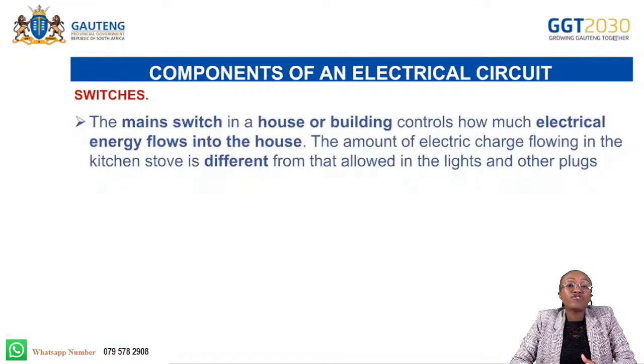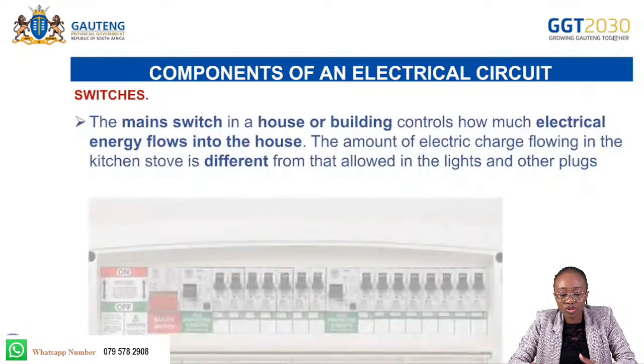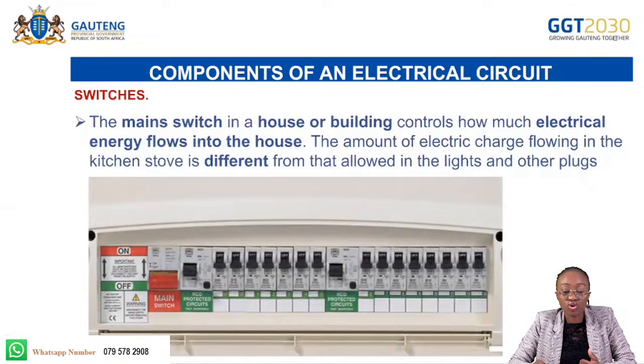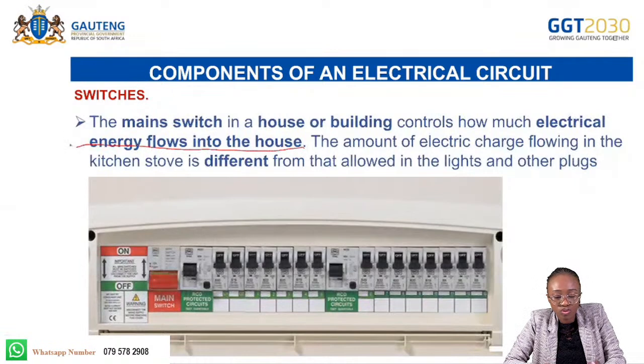Now, we have different kinds of switches. When you get home, there is a box, some call it a fuse box, some call it a switch box, but it is a box where you've got your main switch. Your main switch is very important. You see it in houses, in homes, you see it in buildings. They control how much electrical energy flows through the house.